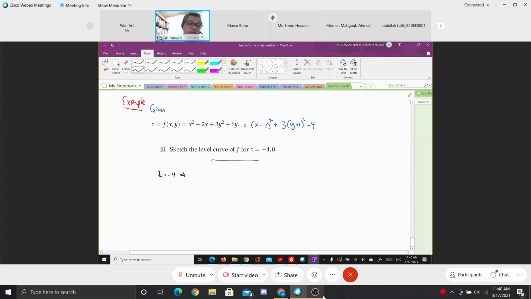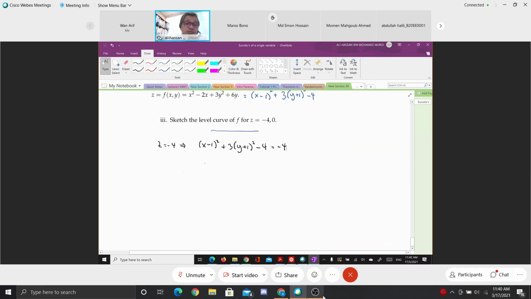When z equal to minus 4, we get x minus 1 squared plus 3 times y plus 1 squared minus 4 equal to minus 4. So this reduces to x minus 1 squared plus 3 times y plus 1 squared equal to 0, right?